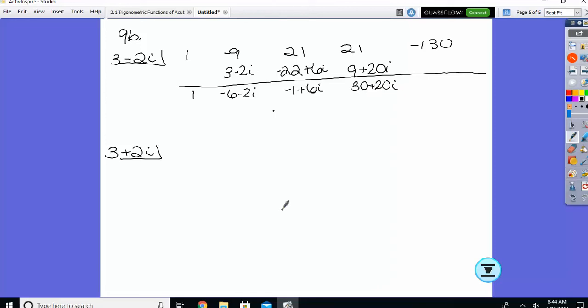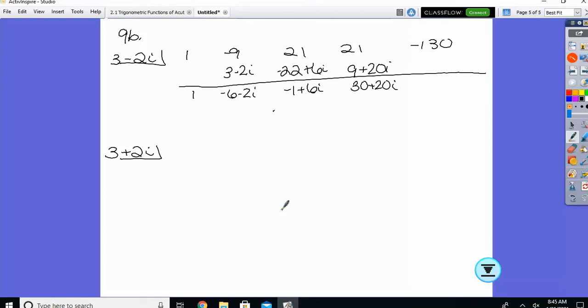We have to FOIL one more time. 3 minus 2i and 30 plus 20i. So 3 times 30 gives me a 90 plus 60i minus 60i minus 40i squared.